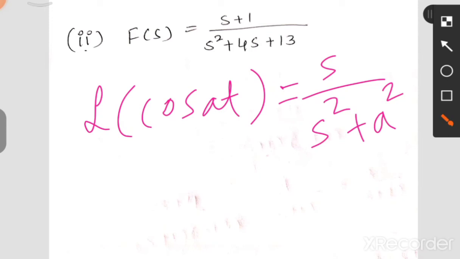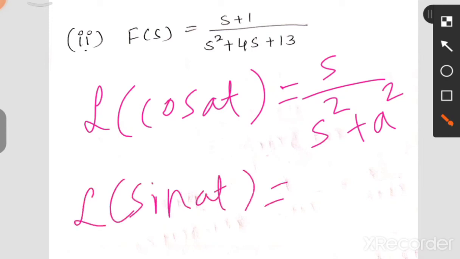And then the Laplace transformation of sine at is a divided by (s square plus a square).